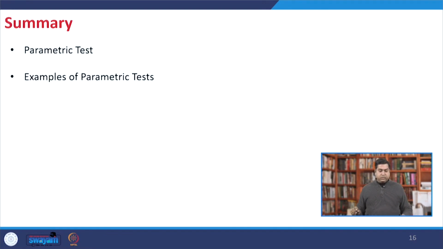Now, coming to this summary, we understood where to use the parametric test and how to check it. There are different test statistics that you can use. It can be Z value, it can be T, it can be F, or you can go for the Pearson correlation value, and there are a few other parametric tests available.